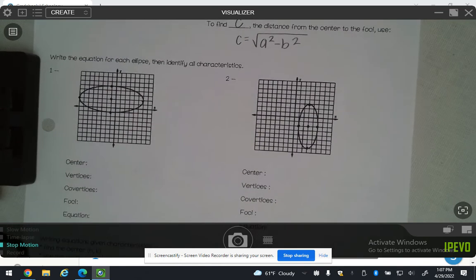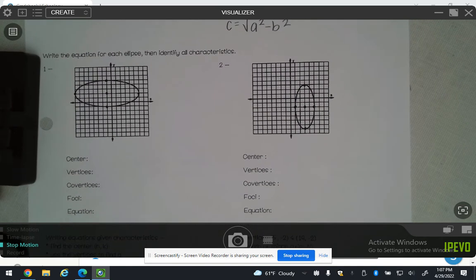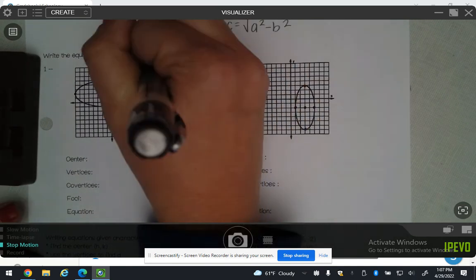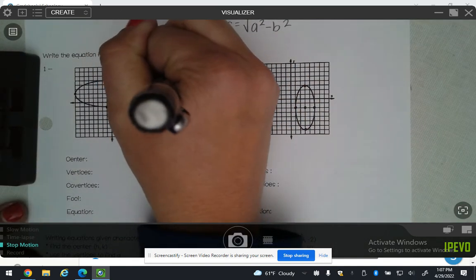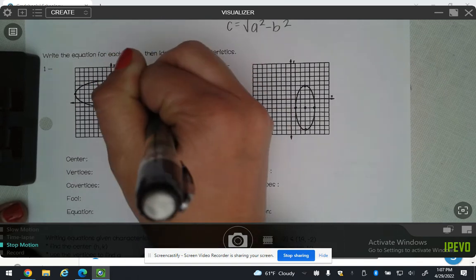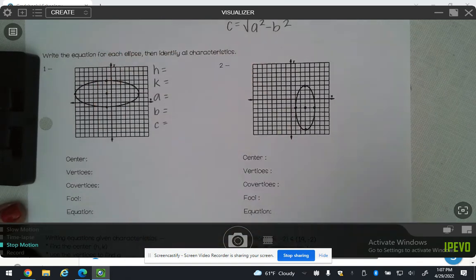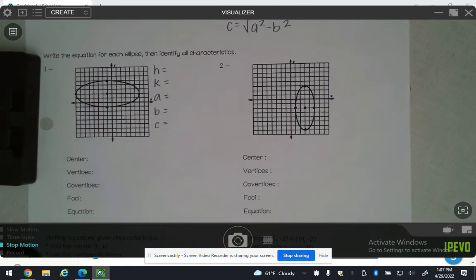1 and 2, you're given a graph. You're going to see me write this down pretty much from now on. I'm going to write H equals, K equals, A equals, B equals, and C equals. Those are the 5 that you need to find. H, K, A, B, C. H and K go with my center, yes?